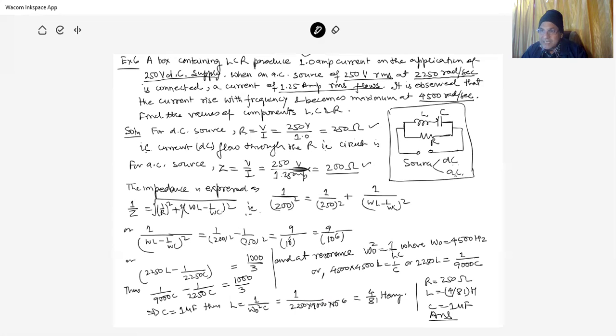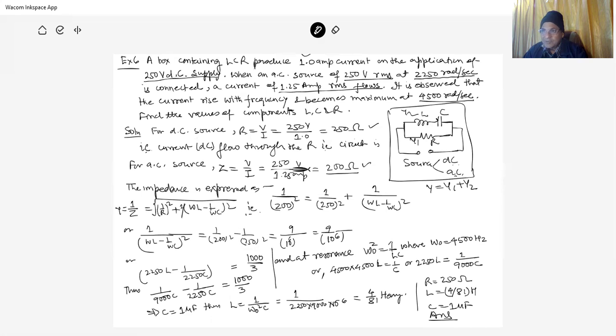So the impedance is expressed as 1 by Z, that is, Y is equal to Y1 plus Y2. Suppose you can say this is Y1 and this is Y2. So Y is equal to 1 by Z, which is the square root of 1 by R squared plus (omega L minus 1 upon omega C) whole squared.